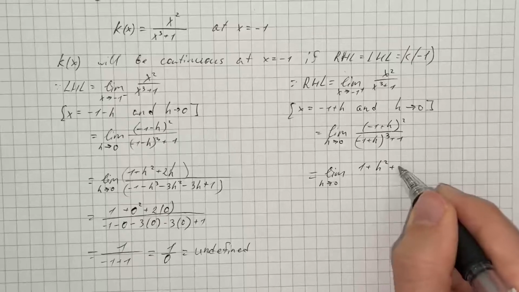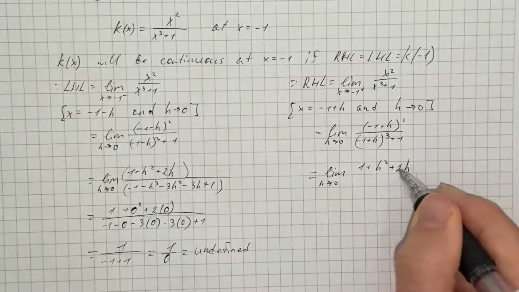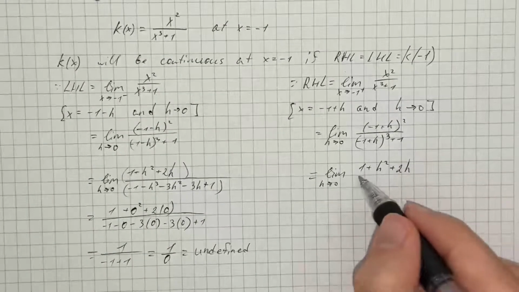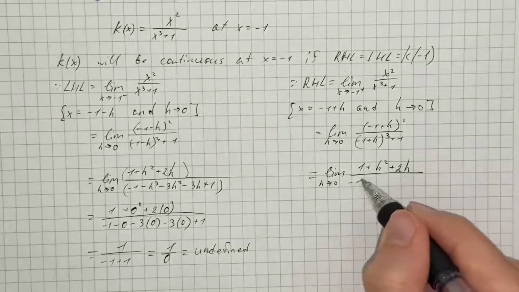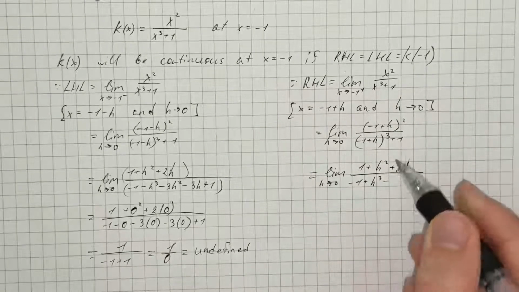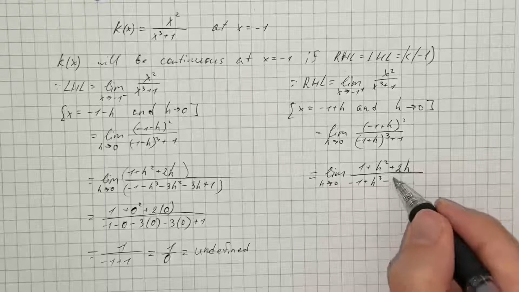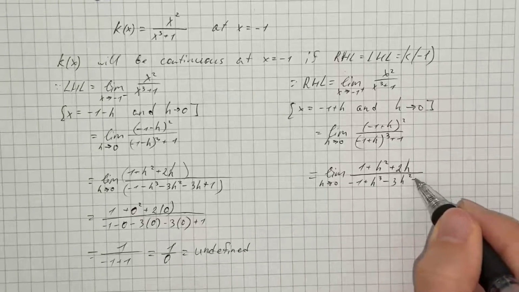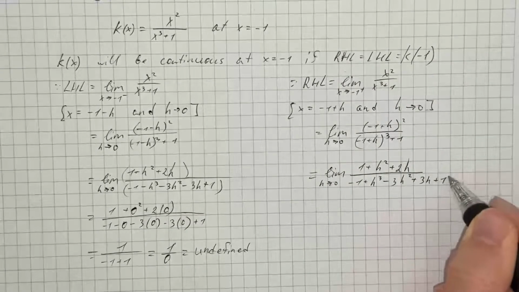plus 2h over -1 plus h cubed minus 3h squared plus 3h and plus 1.